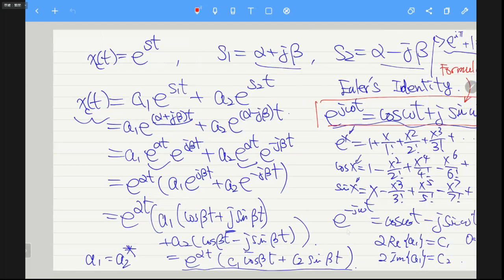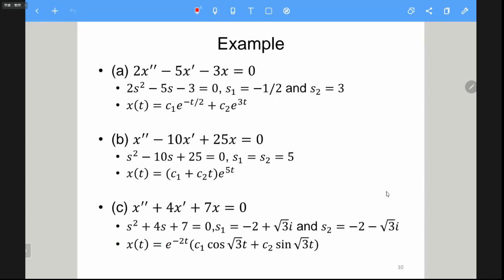Okay, so let's take a look at some examples. The first one is 2x double prime, where double prime is the second derivative, minus 5x prime minus 3x equals 0. So you can change the second derivative to s squared, the first derivative to s, and the original function to 1, and then you have 2s squared minus 5s minus 3 equals 0. Solving this one is easy.